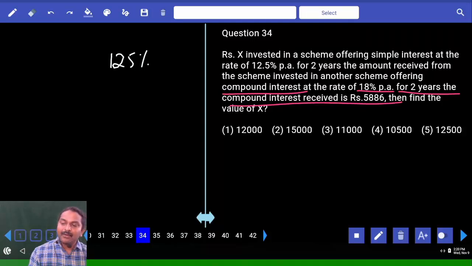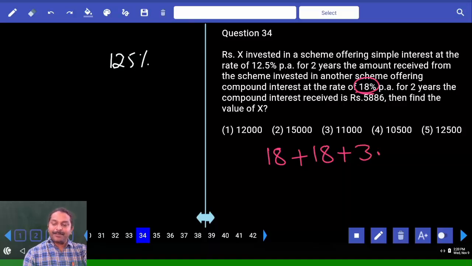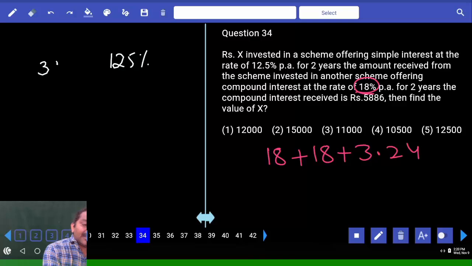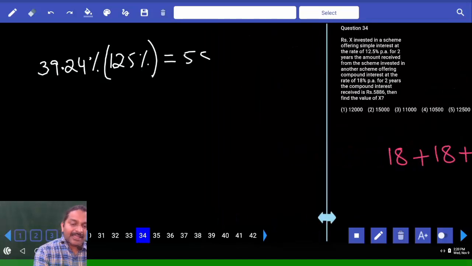Right. Now how much compound interest will we get at the rate of 18% per annum for 2 years? 18 plus 18 squared by 100, which is 3.24. So 39.24%. 39.24% of this number is equal to 5,886. And with this we need to calculate the 100% value.